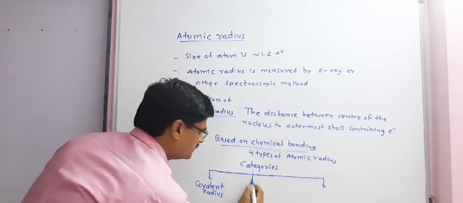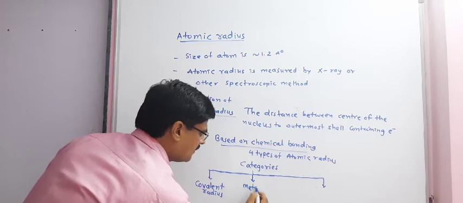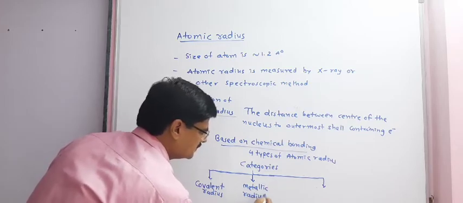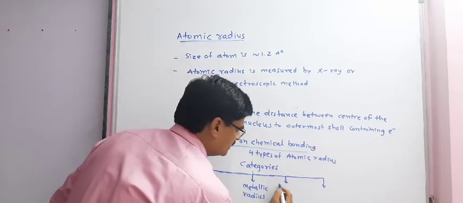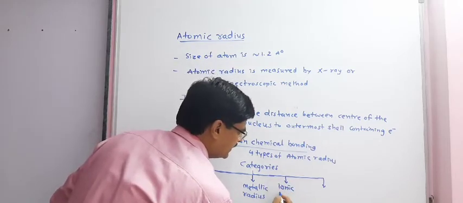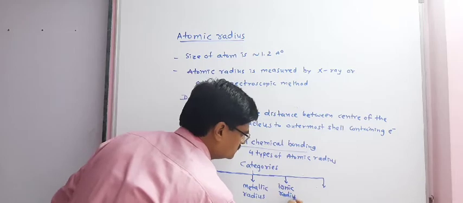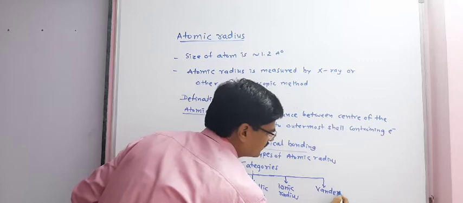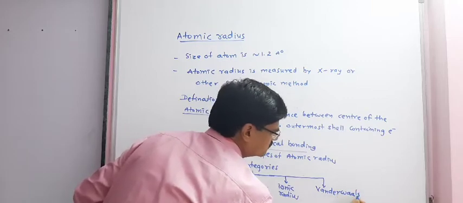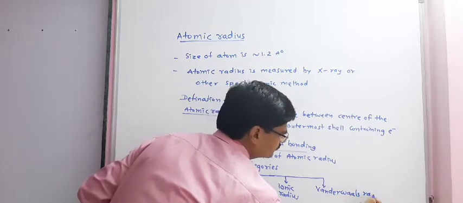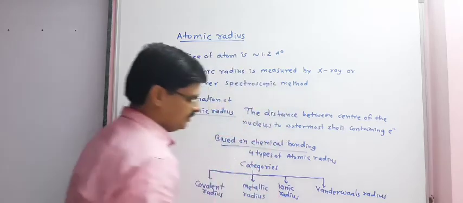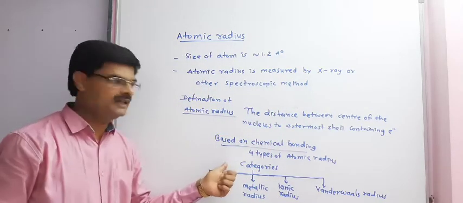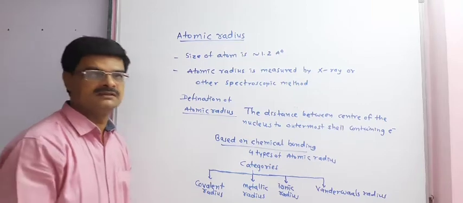Second is metallic radius. Third is ionic radius. And fourth is van der Waals radius. So these are four categories of radius. Now we understand types of atomic radius.